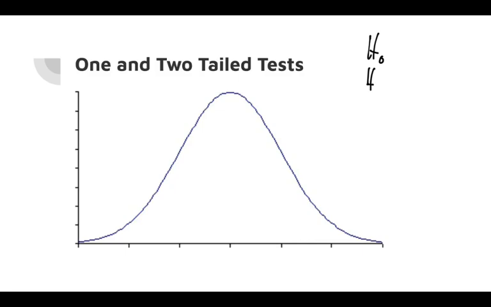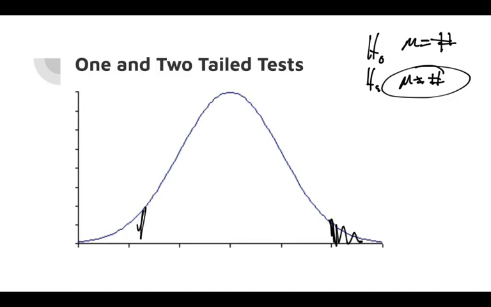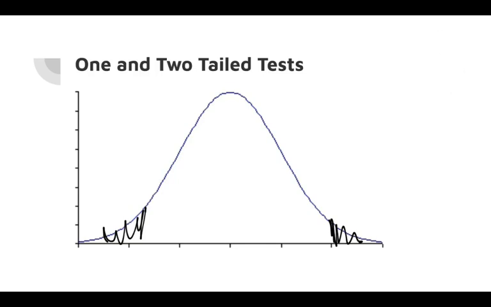So here's H0 and HA. And we set this up to be that the mean was not some number. And then up here, this is that the mean is that number. Because we're just looking at is not, well, that means that it can be greater or it can be less than. If I set this up differently, so here's H0 and here's HA.